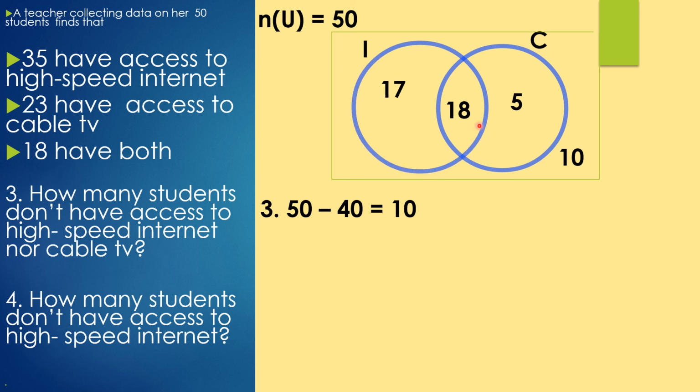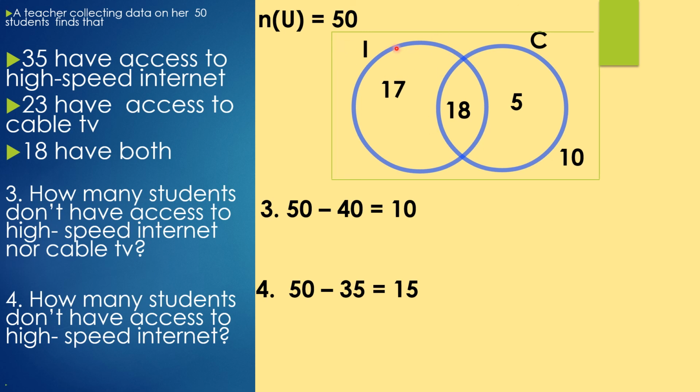And how many students are outside of this set I? It is 5 and 10, which means if the universal set is 50, that is minus 35 is equal to 15. Why 35?